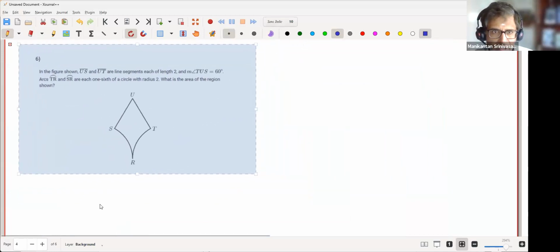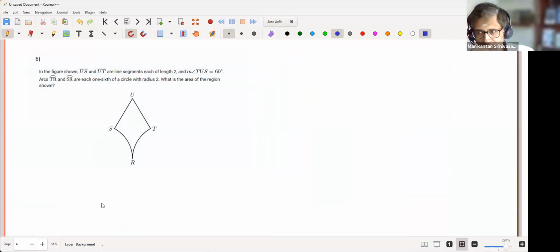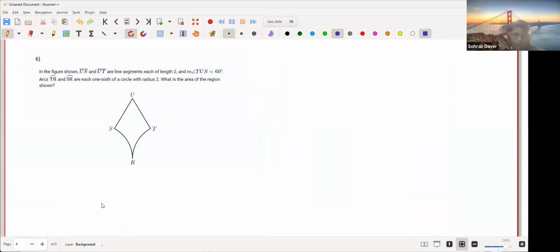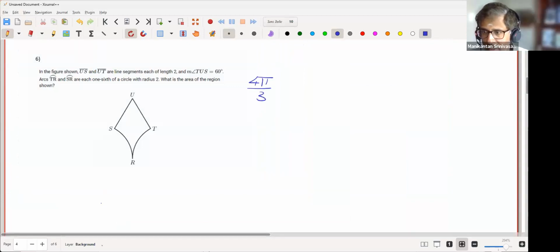Rachit, did you get an answer on this one? I only got to get and finish the question. I didn't get the end. Okay. Saurabh, how about you? For this question, my answer was 4 pi upon 3. Okay. Neve, what about you?